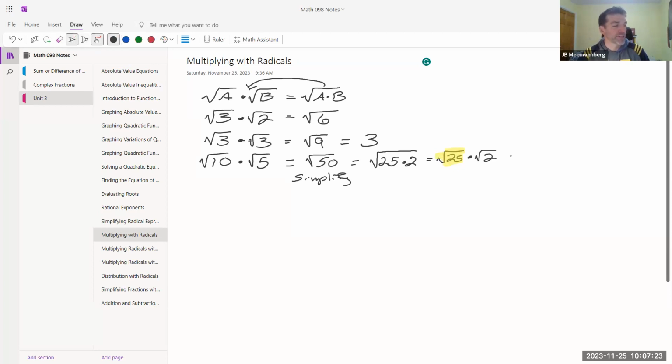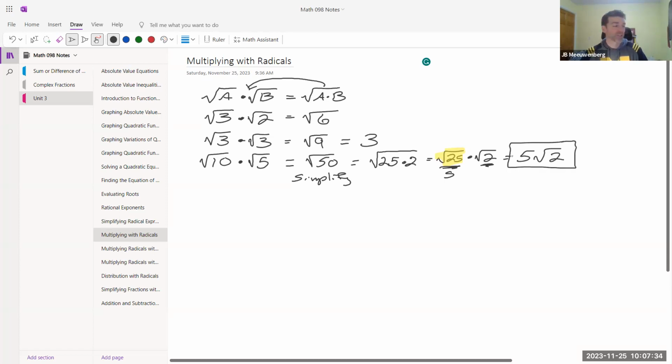So we can fully simplify this to be 5 radical 2. This is 5, and the 2 stays on the inside. And then that is our simplified expression. Now, is that what you would guess would happen from back here, when you noticed there was a 5 here and then a 5 in there? That's what happens.